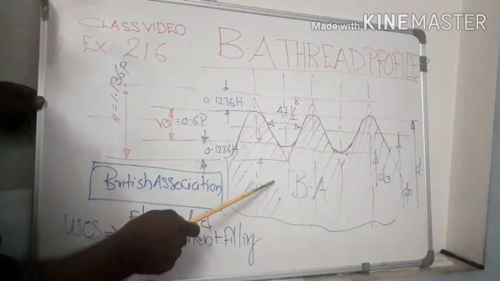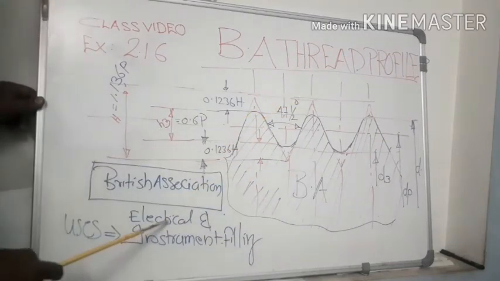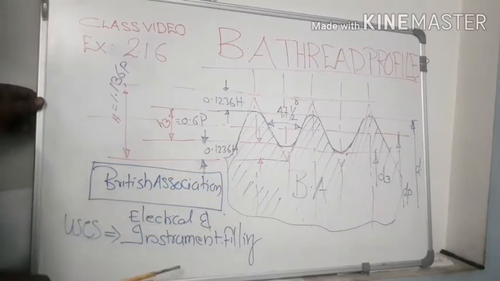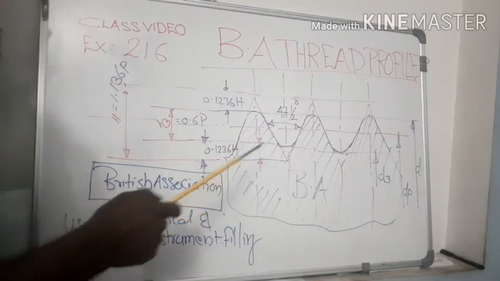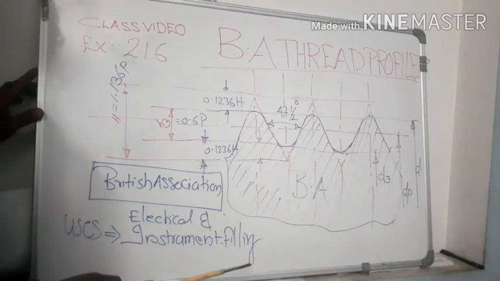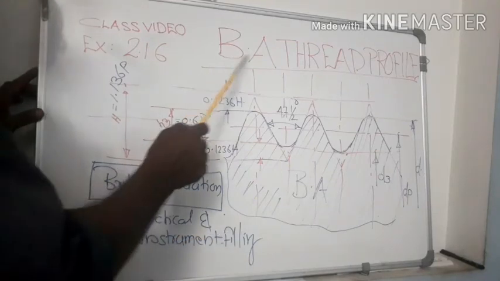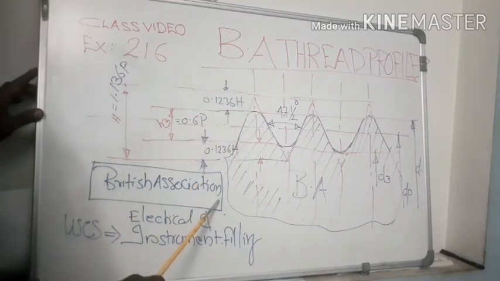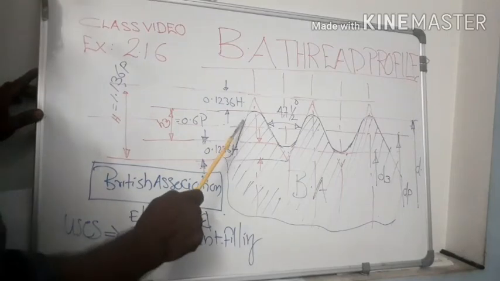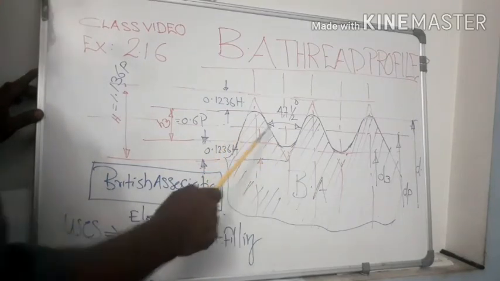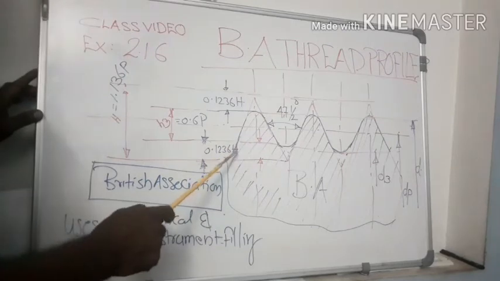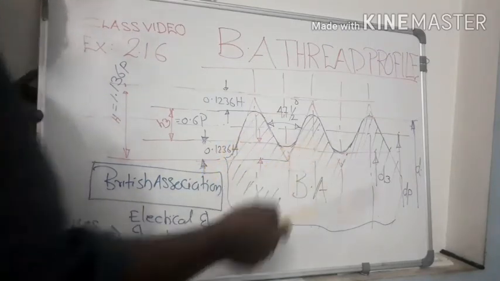That means BA thread is mainly used in electrical and instrumental fitting applications. So this is the main characteristic of BA threads. BA, British Association, has a rounded shape at the crest and bottom. That means crest and bottom are rounded in shape.